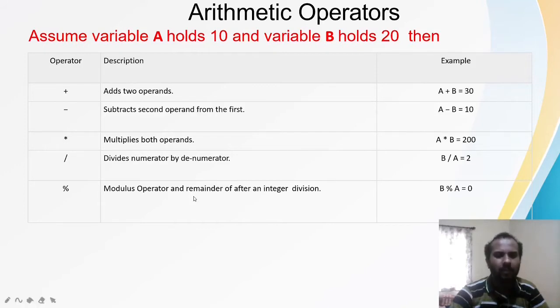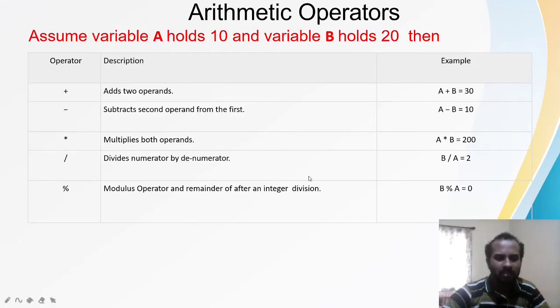And the modulus operation, the percentage symbol, is used to find the remainder. 20 divided by 10, what is the remainder? The remainder is 0.